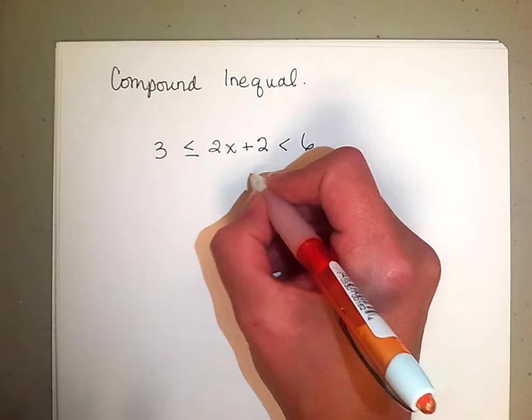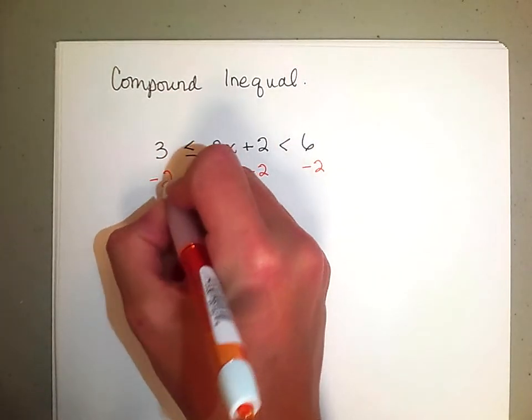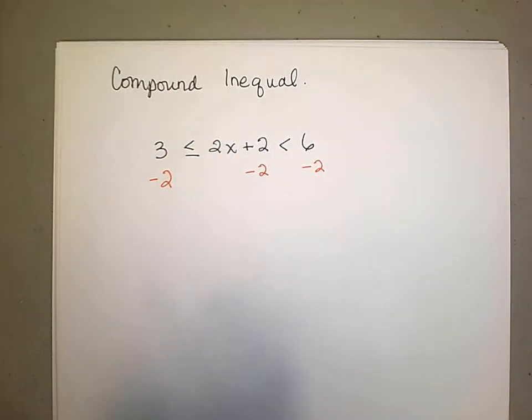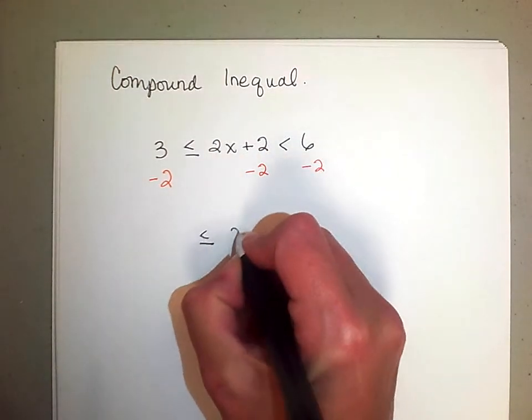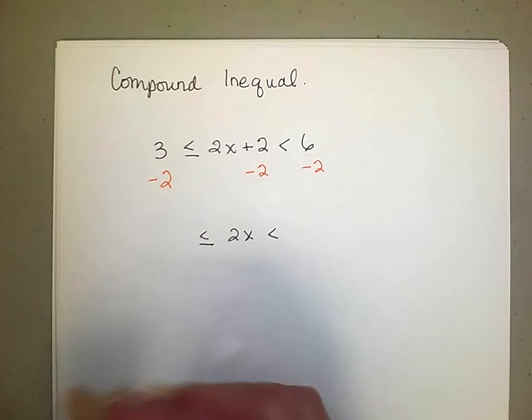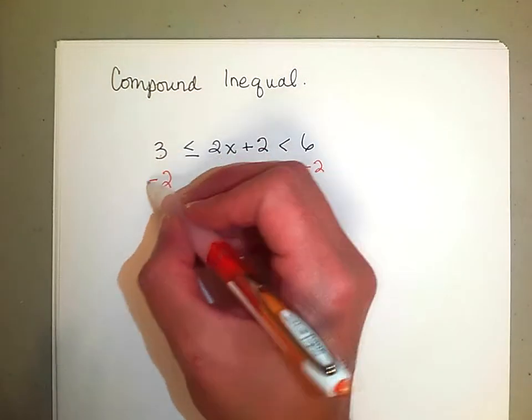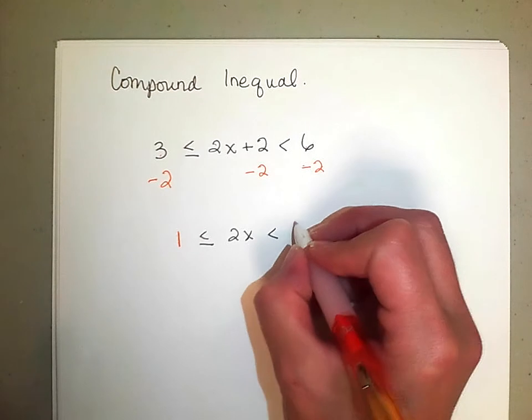So I want to undo what's happening to x, so I'm going to subtract 2, but I have to do it from all 3 sides. Okay. So in between, we have 2x, keeping the symbols the same. 3 minus 2 is 1, and 6 minus 2 is 4.